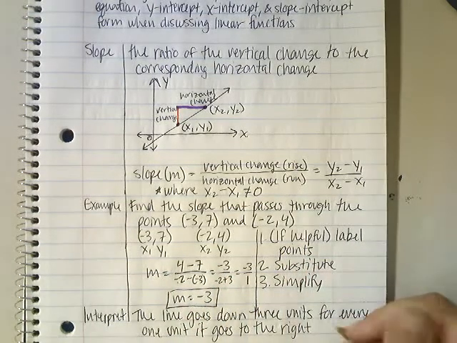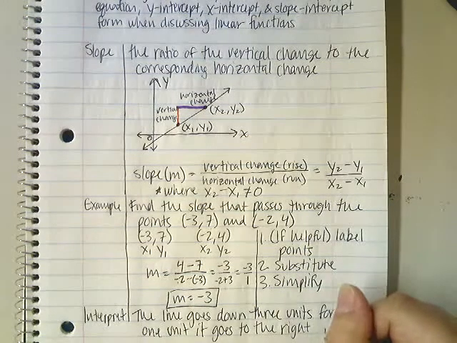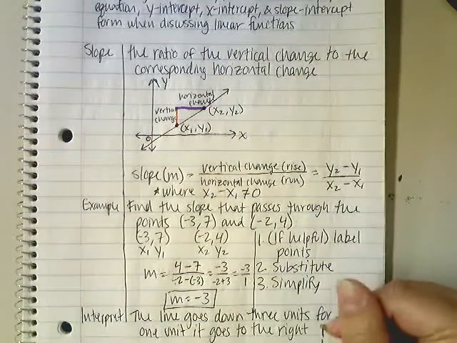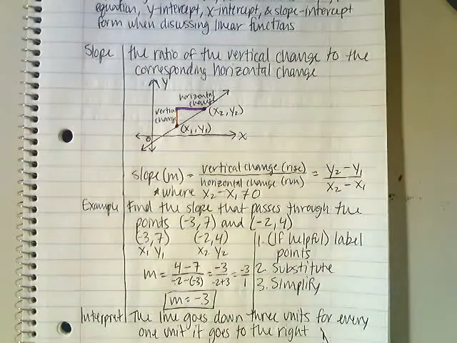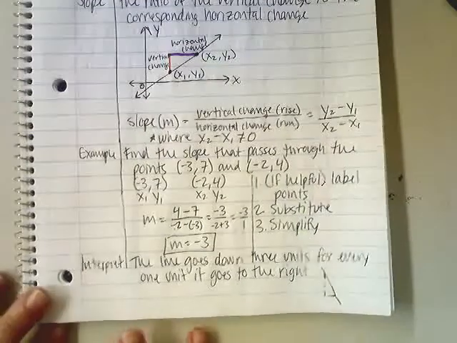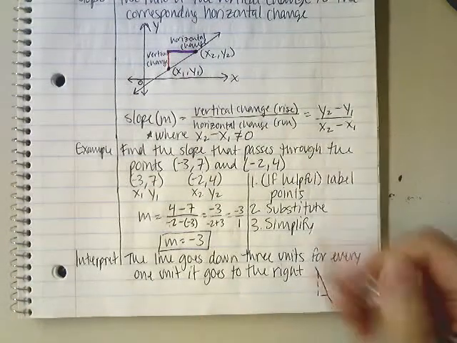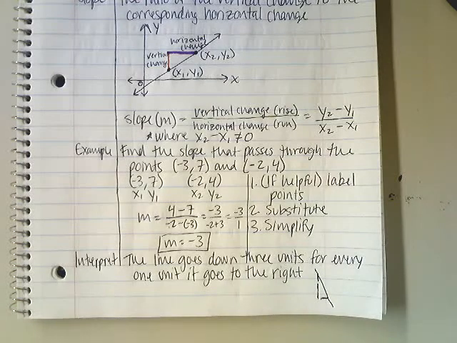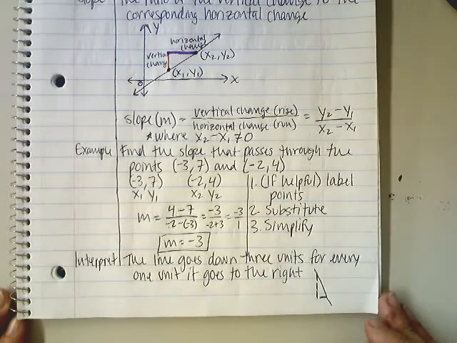To see visually what this means, I'm not going to draw a full graph, but basically I would go down 3 and over 1. So it goes down 1, 2, 3 units over 1, and the slope would look something like that: pretty vertical and going in the negative direction. So make sure you have that down.